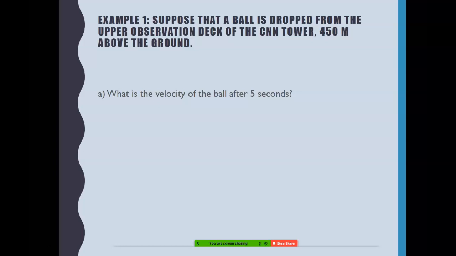So that would come from s of t equals 1/2 g t squared plus your initial starting height. In this case, it's 1/2 times gravity, 9.8, t squared. So in this case, our initial position is 450 meters.